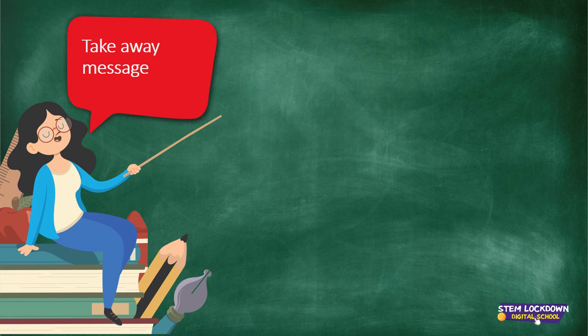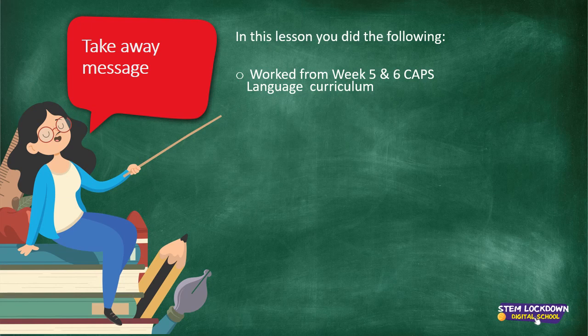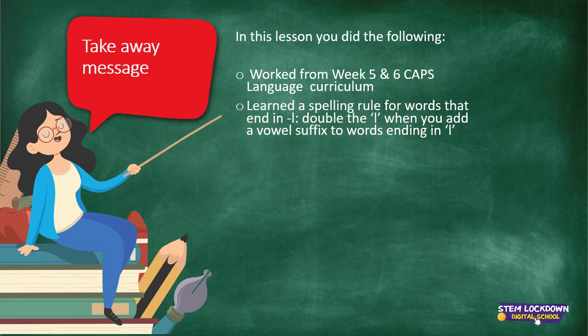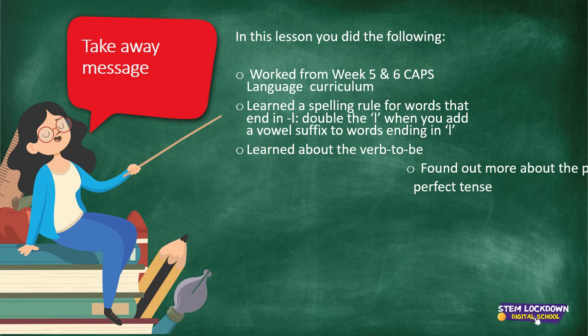Well, our lesson has come to an end, so let's look at what you did today. You worked from week 5 and 6 of the CAPS language curriculum. You learnt a spelling rule for words that end in L. Double the L when you add a vowel suffix to the words if they end in L. You learnt about the verb to be.